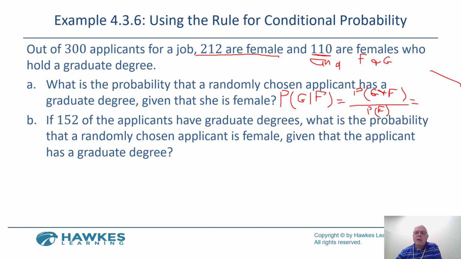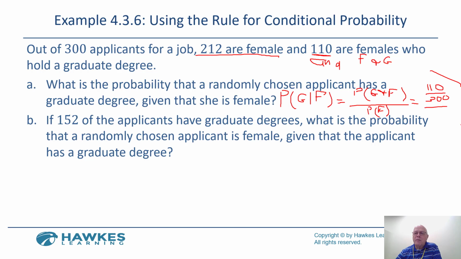Okay. The probability of G and F, we have G and F right here. That'll be 110. And we've got 300 applicants. On the bottom, the probability of the person being a female.